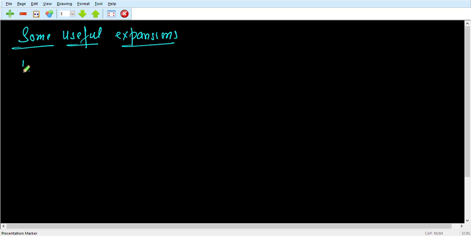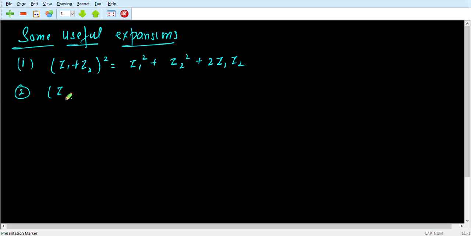The first expansion is (z1 plus z2) to the power 2 is equal to z1 square plus z2 square plus 2 z1 z2. You can choose any value of z1 and z2 to verify this result. Second, (z1 minus z2) to the power 2 will give you z1 square plus z2 square minus 2 z1 z2.